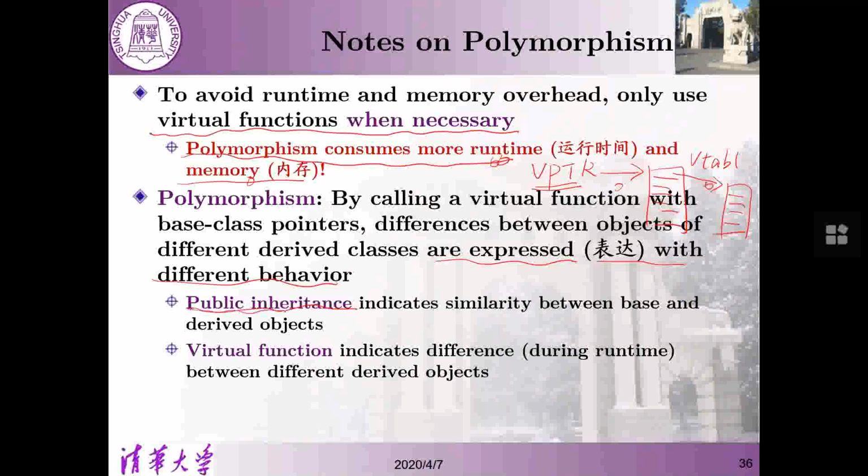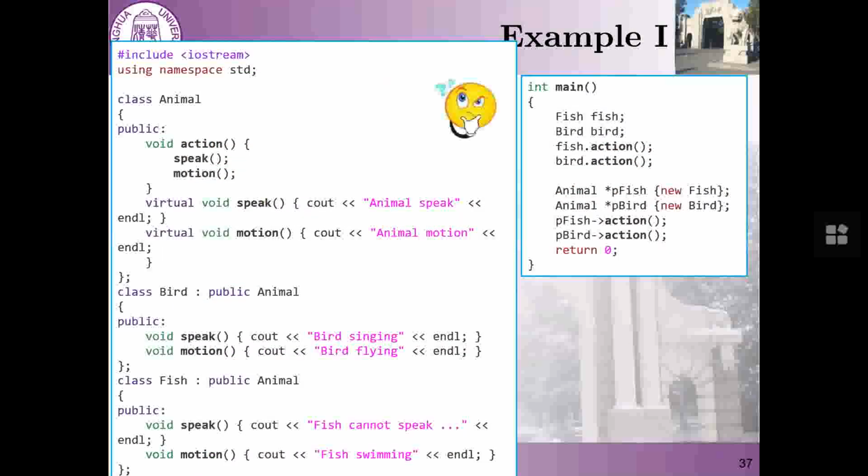Because by public inheritance, both base and derived objects have the same interfaces, and they have similar functions, actually. However, if we have virtual functions, then different classes may have different behavior. So there may be different outputs, right?